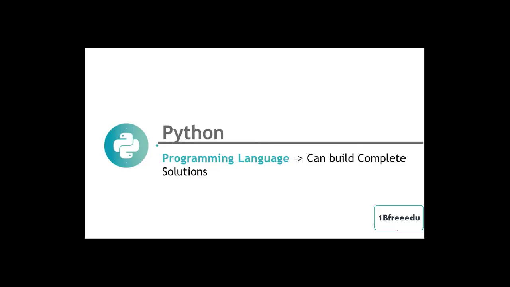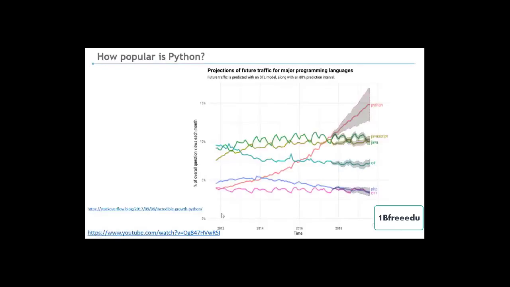Okay. Why is Python required in terms of data science, and not any other programming language? So Subhajit, let's wait. Let me go through why Python is so popular. This is one of the slides that shows this. These are the percentage of overall question views each month.